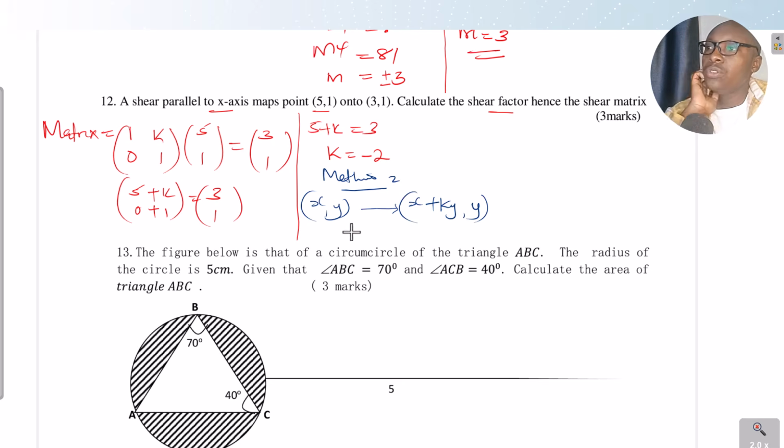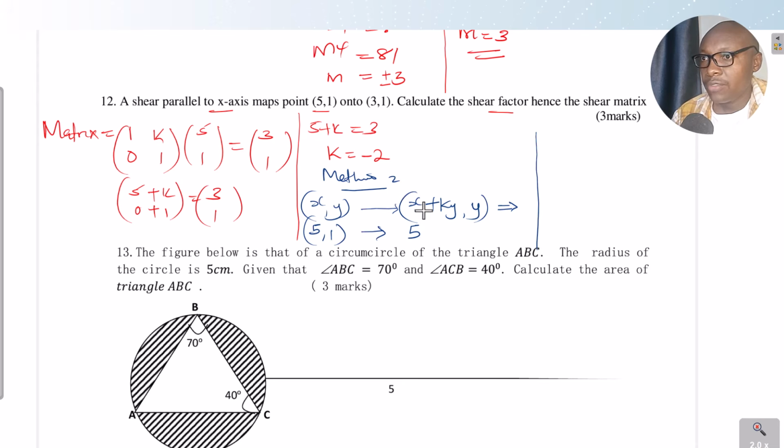So we shall use the point that we have, which is 5, 1. So 5, 1 is the one that is mapped onto this point. So x is 5, and when you map that point, remember we have the image. The image is 3, 1.